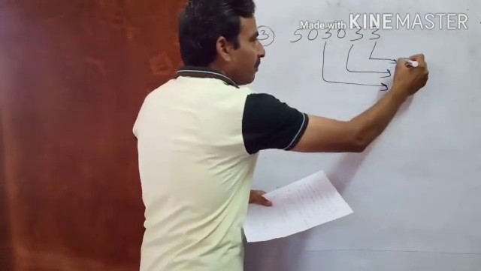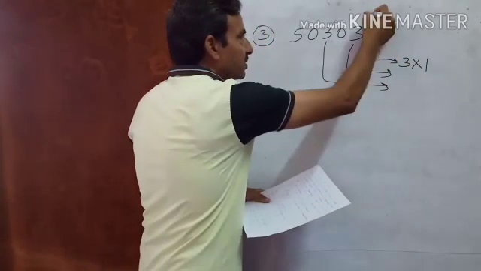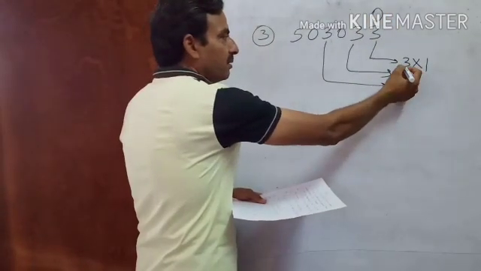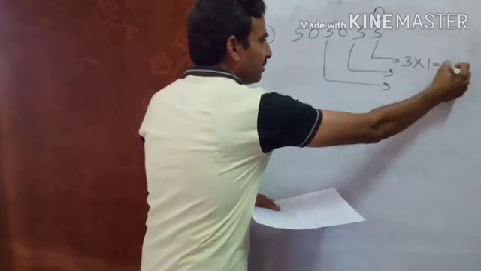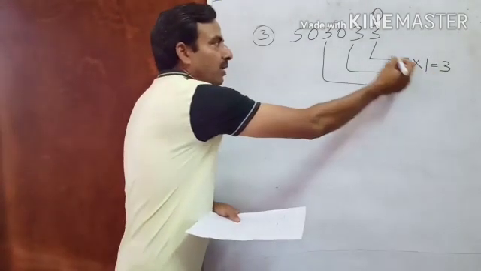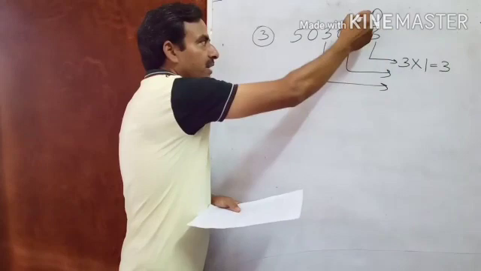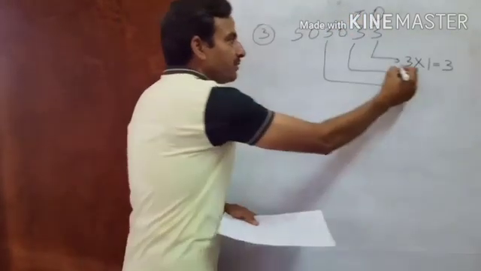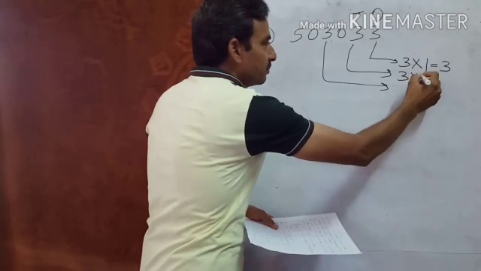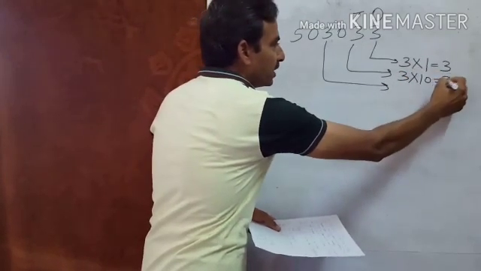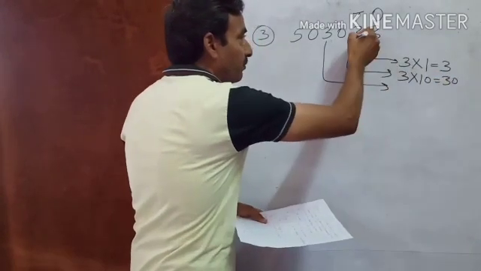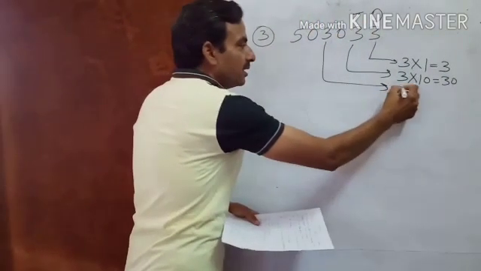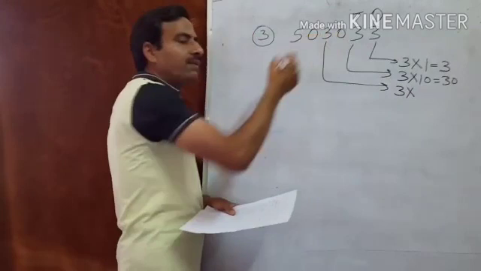First 3 is at the place of ones. So we multiply 1 with 3, then the answer will be 3. 3 is the place value of this 3, and this is the place of tens. So this value will be 3 multiplied by 10 is equal to 30. So 30 is the place value of this 3 digit. Next 3 is at the place of 1000.